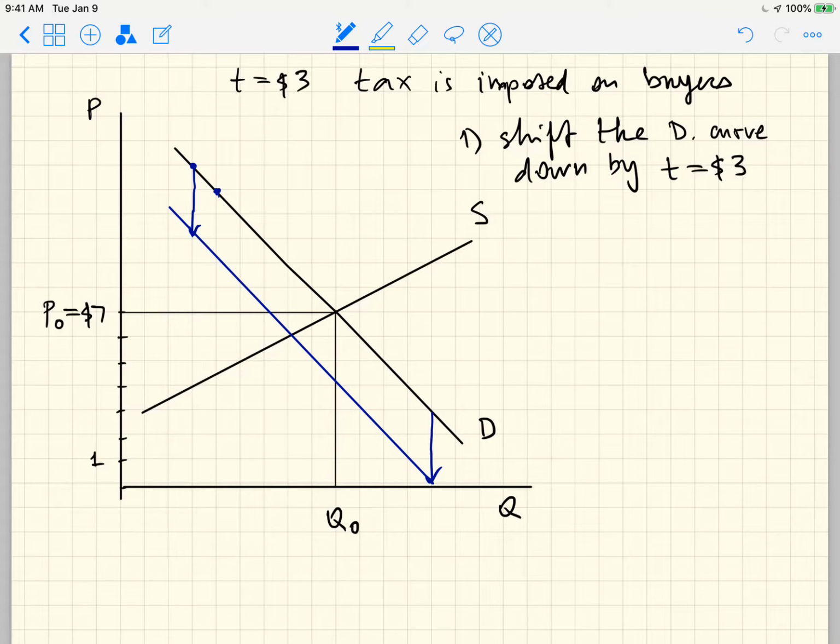And using this new adjusted demand curve, we can find the new equilibrium.